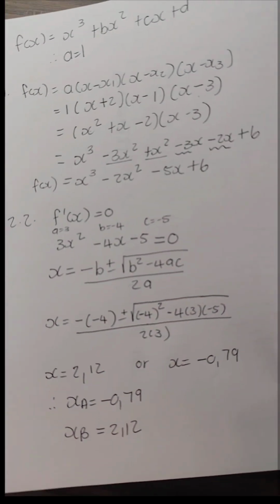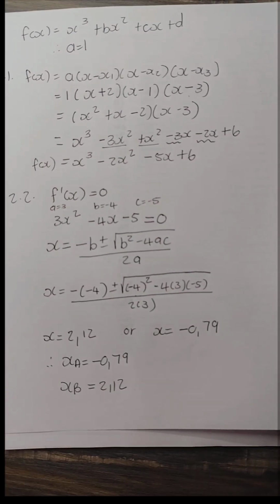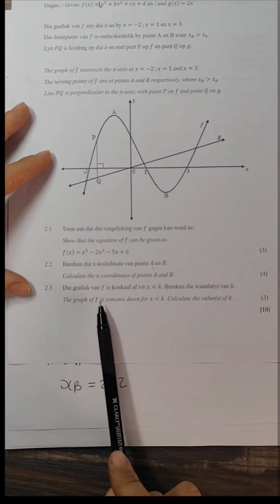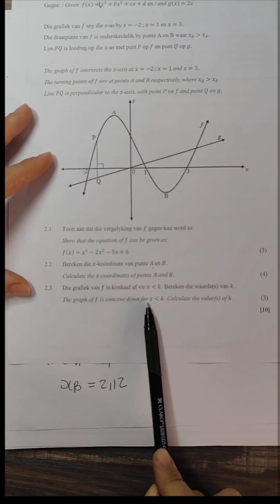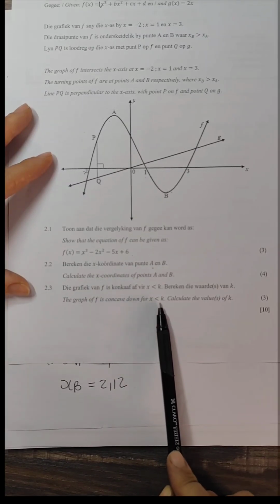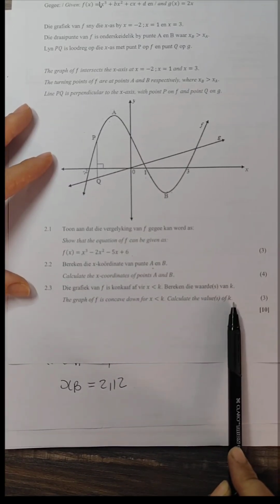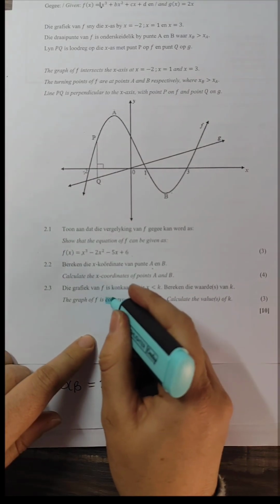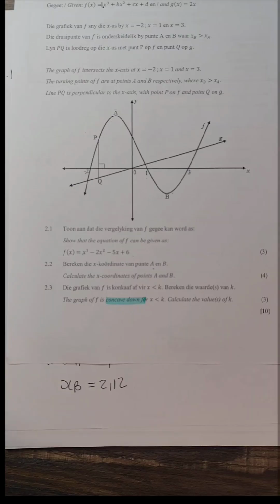Now the last question, they want to know: the graph of f is concave down for x less than k. Calculate the value of k. Now this part here where we talk about concave down, you first need to know where our graph changes concavity.